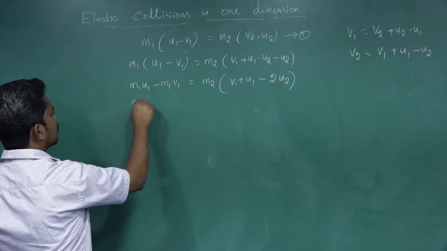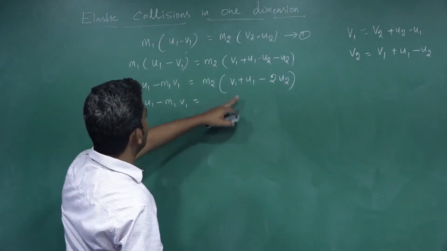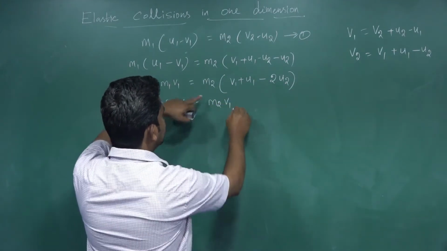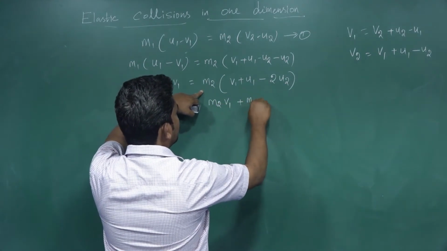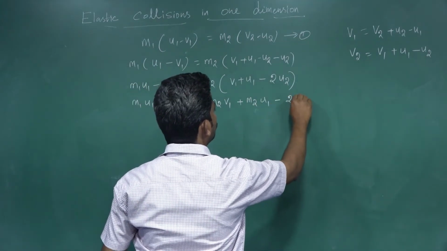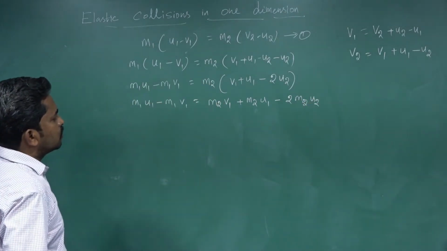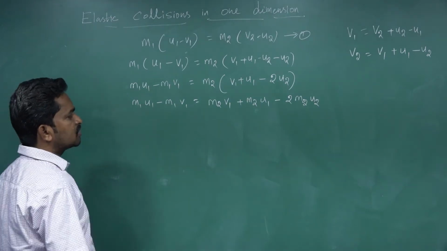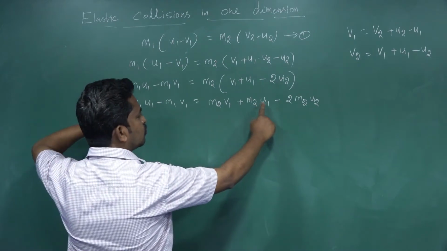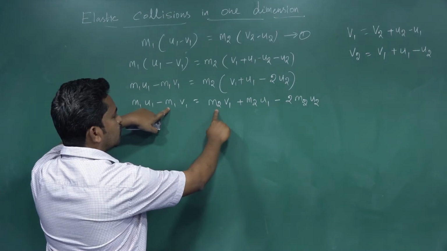So m1 u1 minus m1 v1 is equal to m2 v1 plus m2 u1 minus 2 m2 u2. For convenience, rearrange the equation: m1 u1 and m2 u1, m1 v1 and m2 v1.